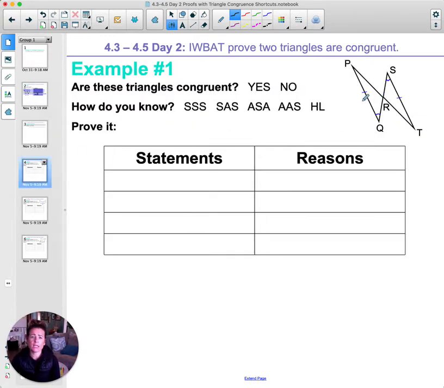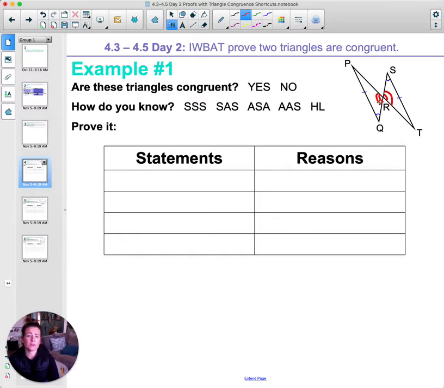It has to be an actual math rule. So let's take a look at these triangles over here. We did a lot of these the other day. What we're trying to do is determine whether these are congruent or not. You want to look at the picture and decide if it's even possible before you get started. We do see vertical angles here that we marked up the other day, and we know that vertical angles are congruent.